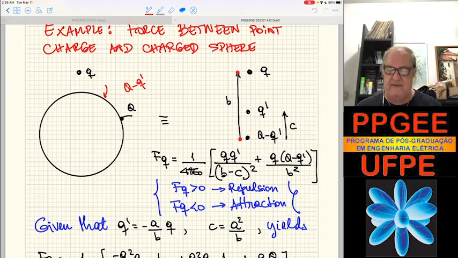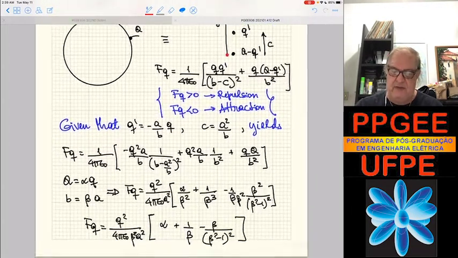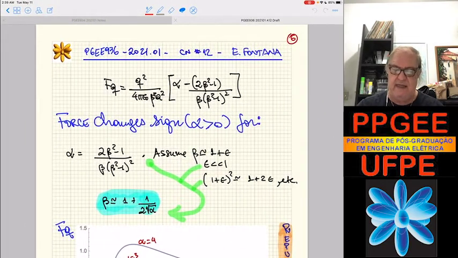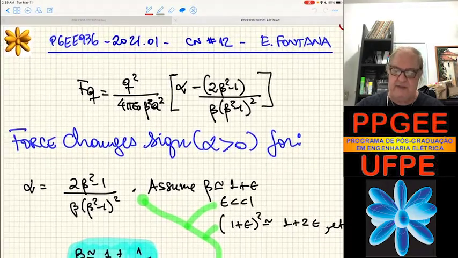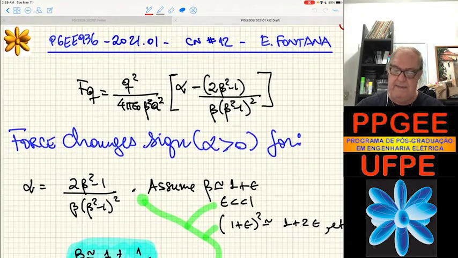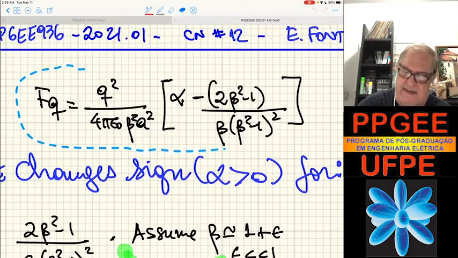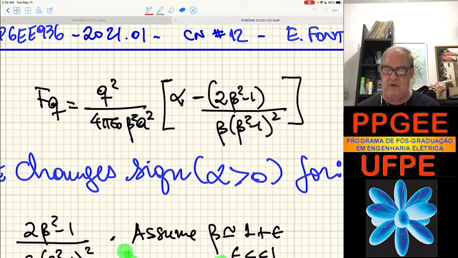So we're going to explore the situation. I'm going to leave this algebra here, but we calculate the force and express the result in this formula. I ask you to try to cast the formula like this. Go through the notes and do the calculation.